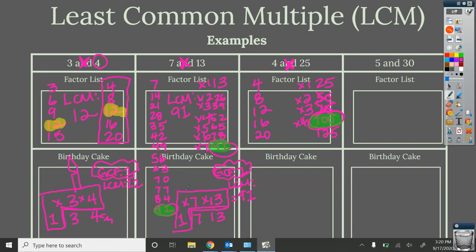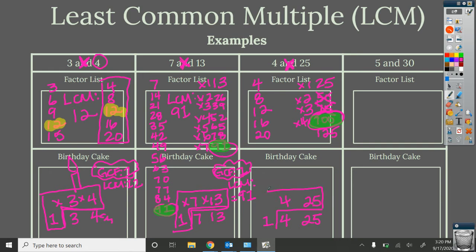Now let's see if this holds true, what we learned before. Does 4 and 25 have a factor other than 1? And I just want you to think about that. What goes into 4 and 25 evenly besides 1? And you're going to realize that this one is just like the last two that we did. The only common factor is 1.